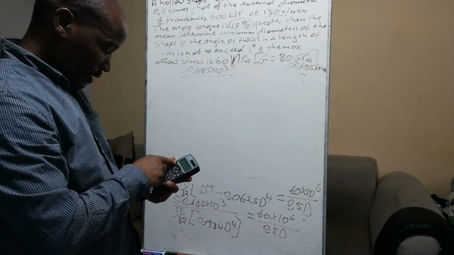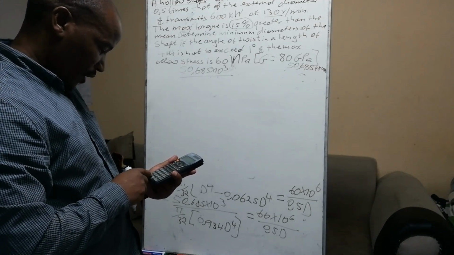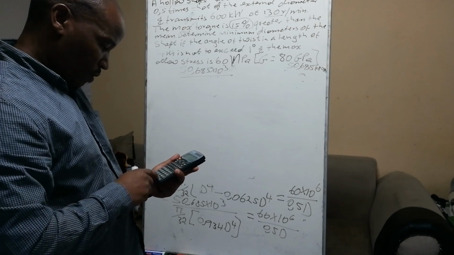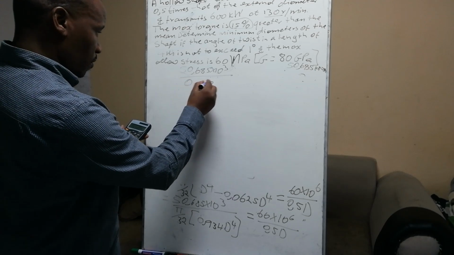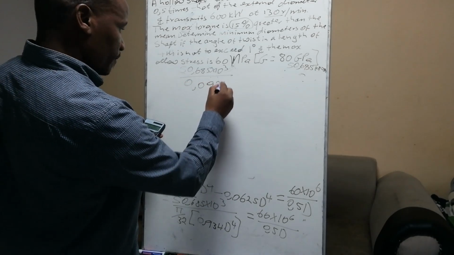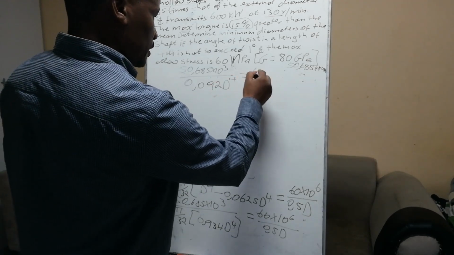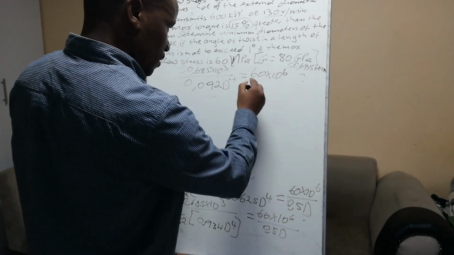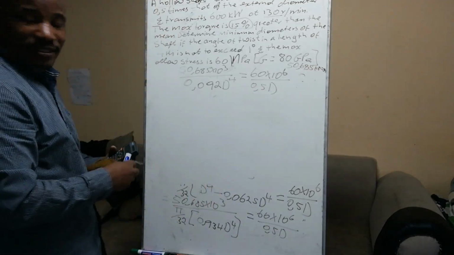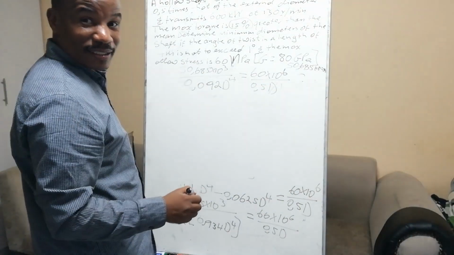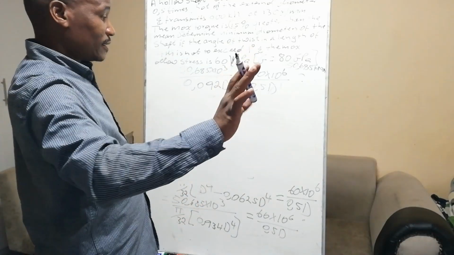Pi divided by 32 multiplied by 0.934 is equal to 0.092 D to the power 4, and it's equal to 60 multiplied by 10 to the power 6 over 0.5 D. Right, D here will go once, here it will go 3 times. That one is done.